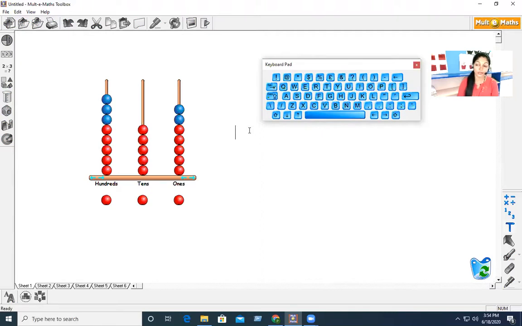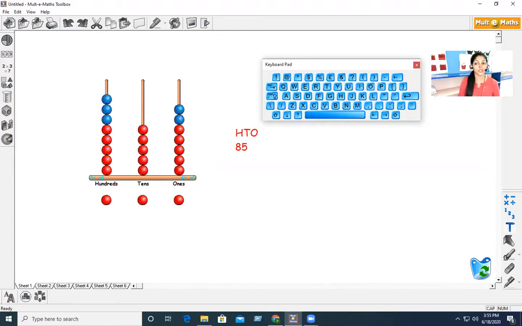So in the place of hundreds, I'm going to write 8, in hundreds, tens, and ones. In the tens place the number is 5, so below the tens place, I'm going to write 5.